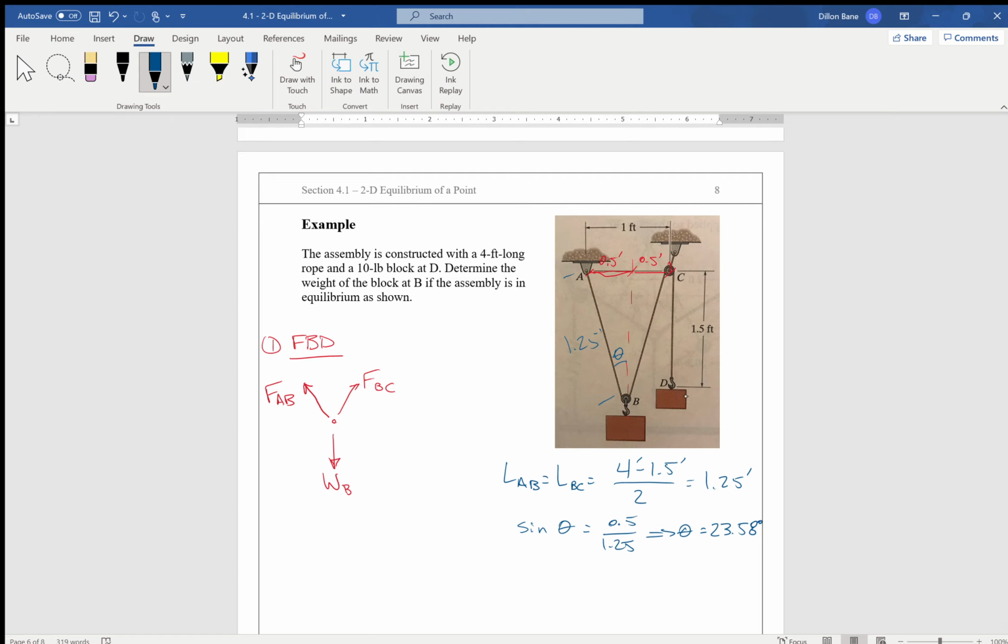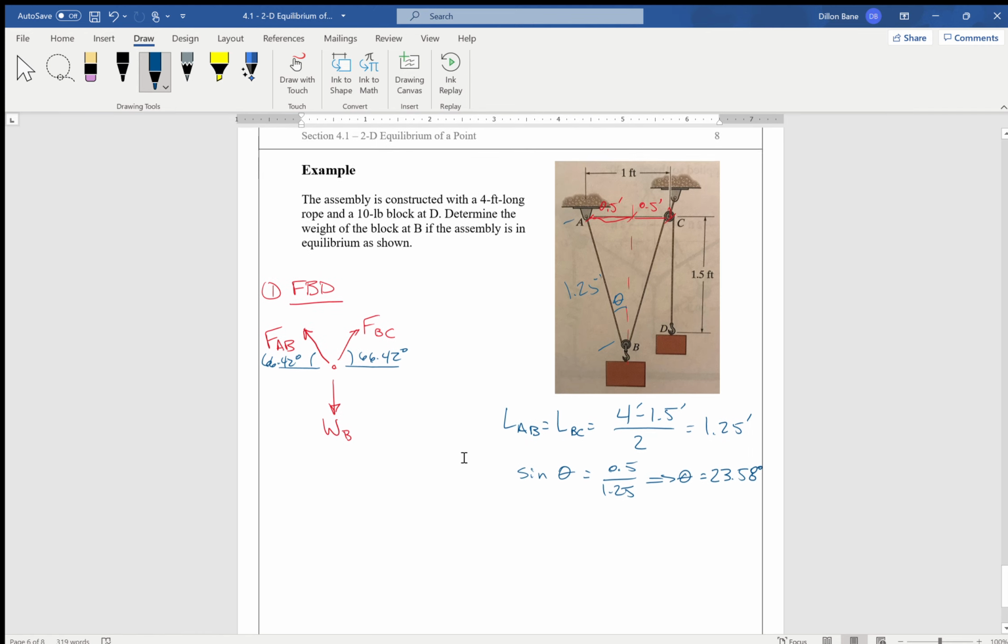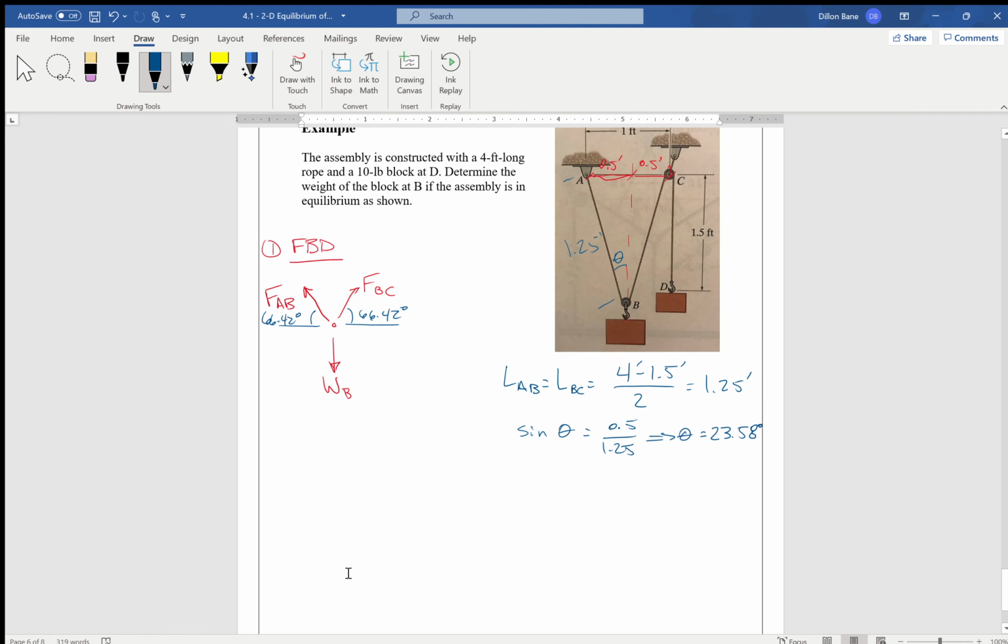So if the theta is 23.5 degrees to the vertical, then these angles here will be 90 minus theta, which is 66.42 degrees. It's the same on both sides. And now we actually have something that we can start working with.